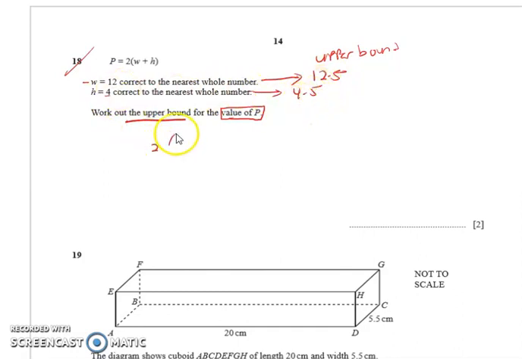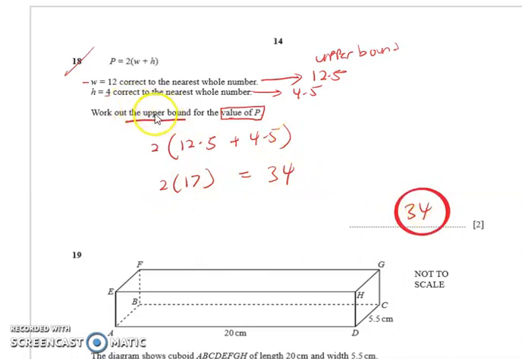So we just have to do this calculation. 12.5 plus 4.5, we add on, we are getting 17 there, multiply with 2, we got that 34. That's your answer. If they are asking a lower bound, it should be minus 0.5.